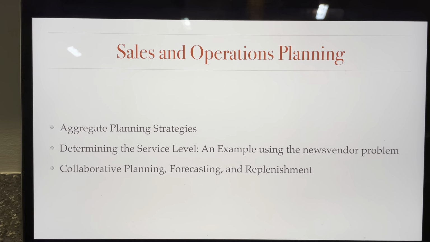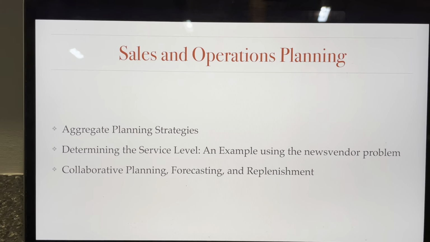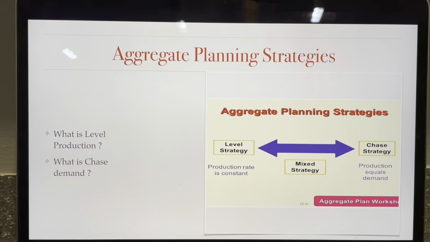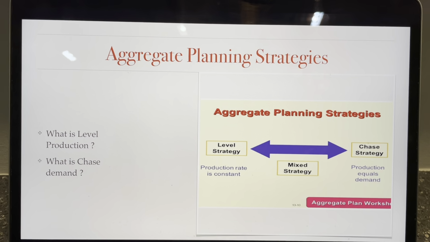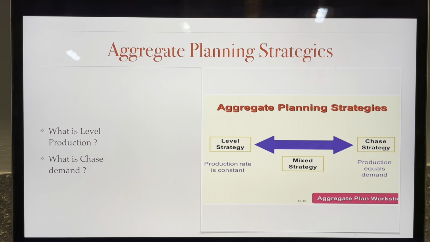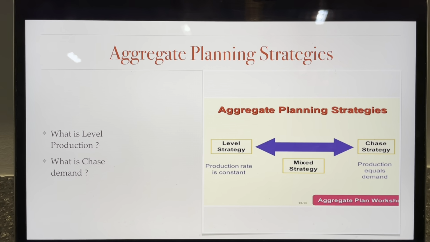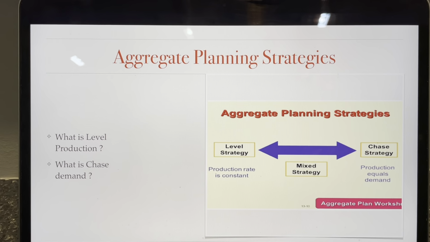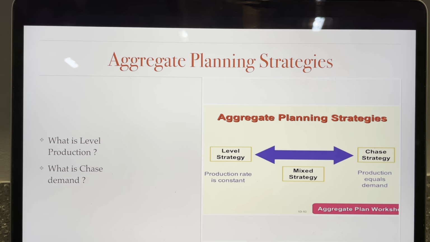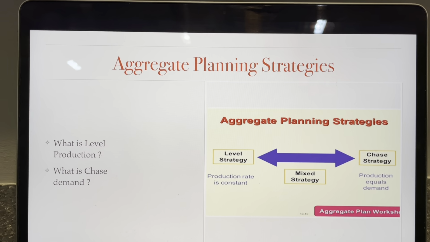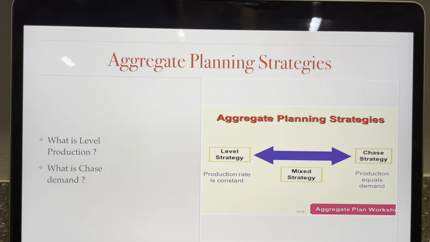So next, I will introduce the aggregate planning strategy. So what is aggregate planning strategy? Aggregate planning combines the information on what a business needs to operate, from sales forecast to production and inventory to customer service, and then determines whether there are periods of time when the company has excess capacity or not enough capacity.